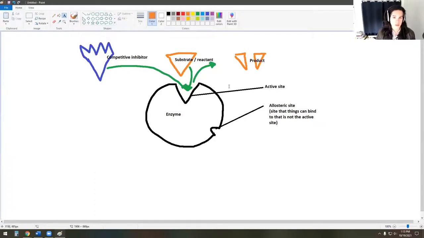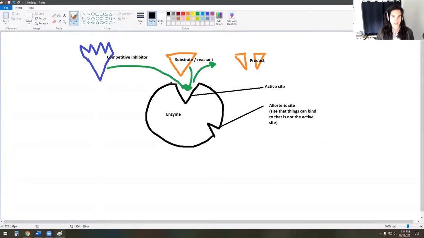And so let's say you have another protein molecule, or actually, let's use an example that we're going to see in nature, in our bodies, within our cells. Let's make the allosteric site shaped like a product. So, how do I do this?